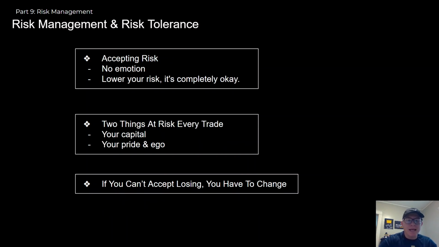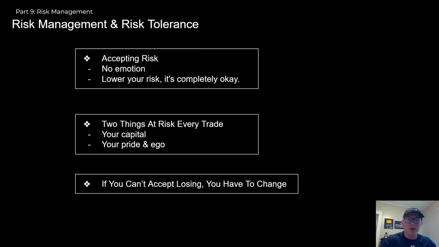Now, the next thing in risk management is accepting the risk without emotion. Before you enter the trade, you need to predetermine your risk. We know this, right? But if you can't accept the number that's at risk, you need to lower your lot size. For example, let's say your risk management is 2% per position, but you build your account or acquire more funding, and that 2% is $5,000.